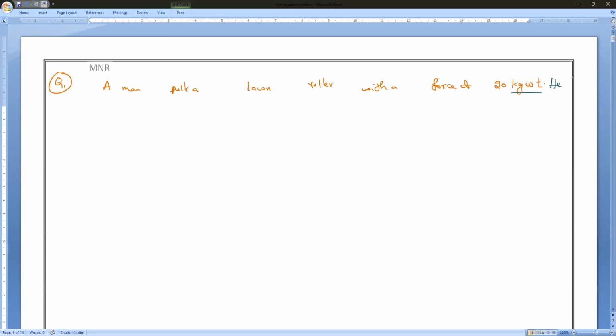Now, he applies the force at an angle of 60 degrees with the ground. You are not learning things to forget. At least you have to remember what is required for your next class. At an angle 60 degrees with the ground.